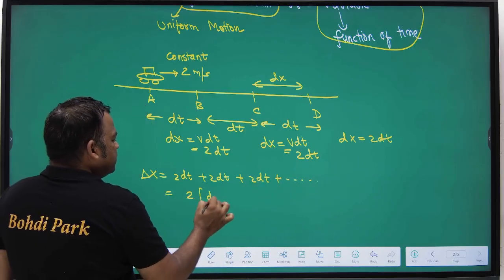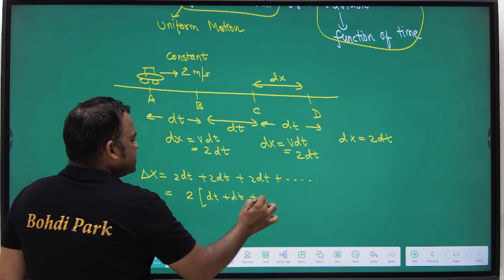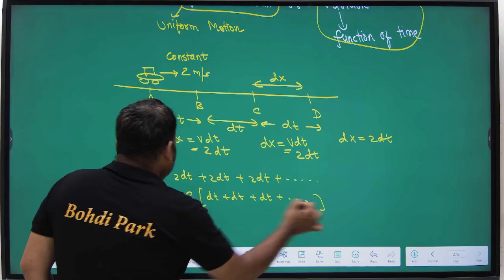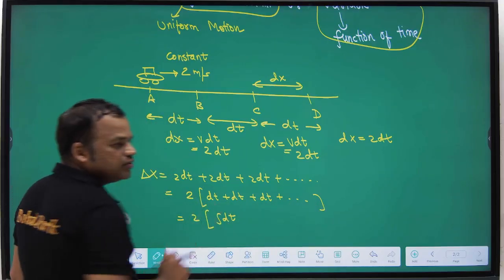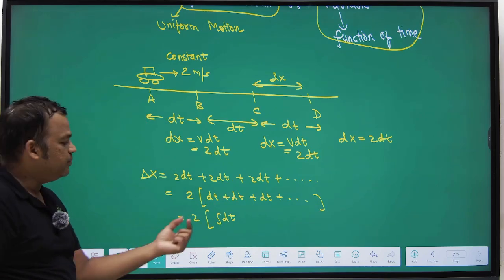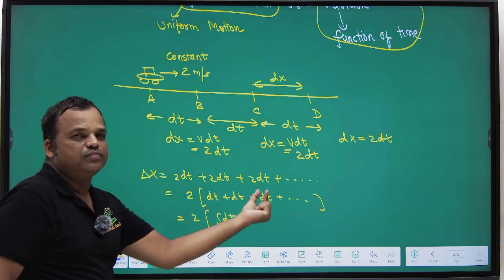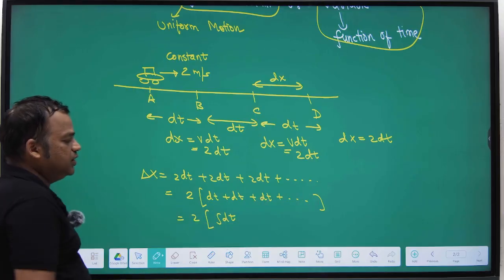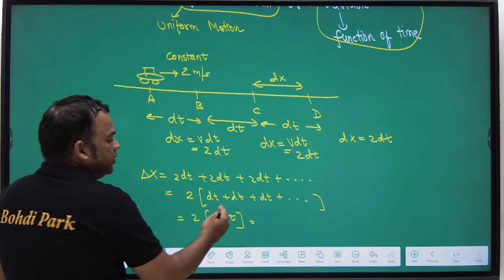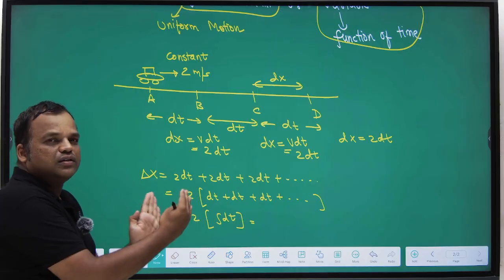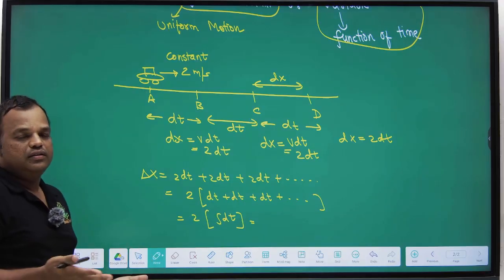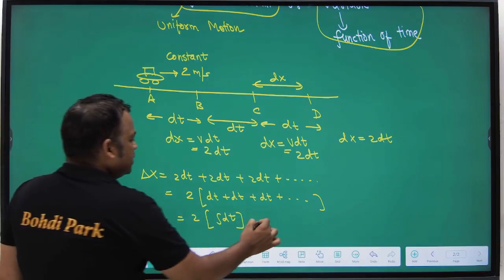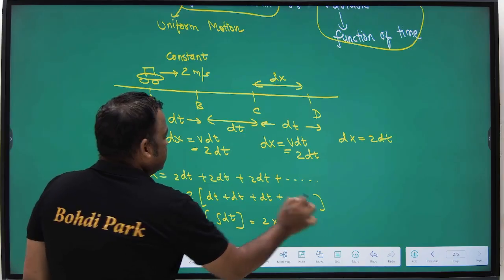It will become dt plus dt plus dt and so on, and this will be equal to 2 times integration of dt. Integration of dt means you are adding all the small changes in time. And we know that when you add all the small changes in time, we get delta t, total change in time. So that is 2 times delta t.